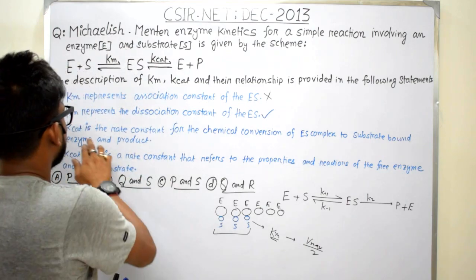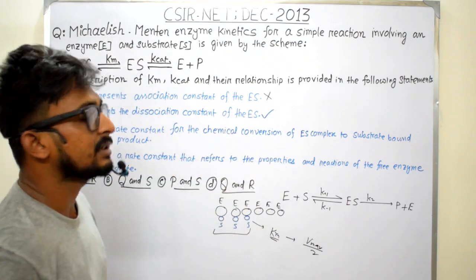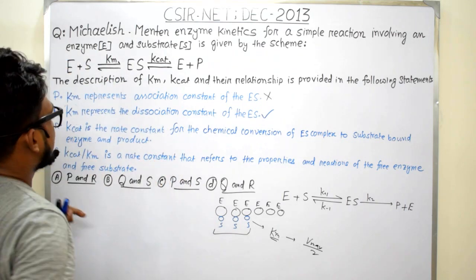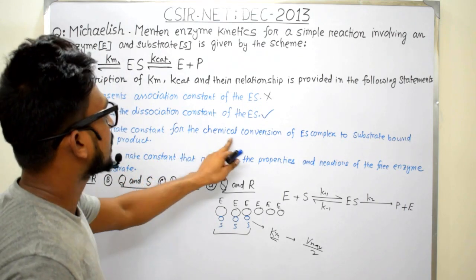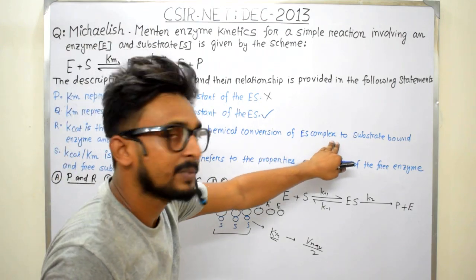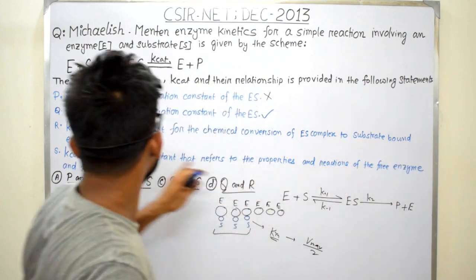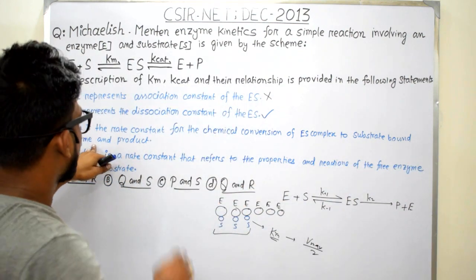So here two statements are given about the Kcat. It is given that Kcat is the rate constant for the chemical conversion of enzyme substrate complex, okay. It is right up to this, to substrate bound enzyme and product.